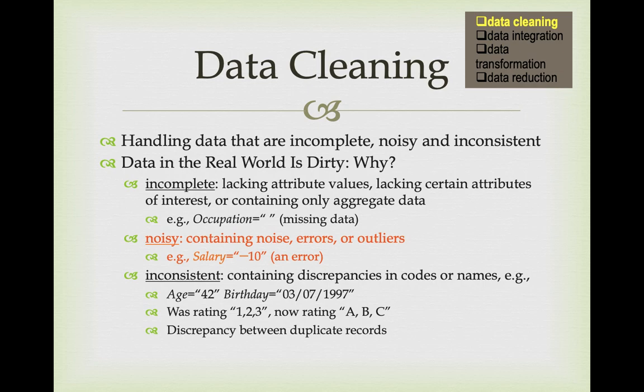And then we have noisy data, containing noise, errors, or outliers. For example, salary equals -10. So it's an error because salary cannot be -10. Inconsistent means containing discrepancies in codes or names.